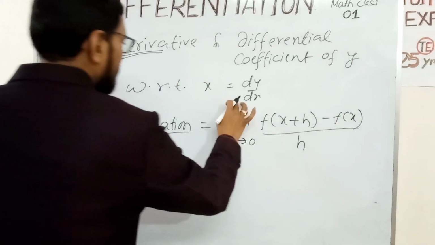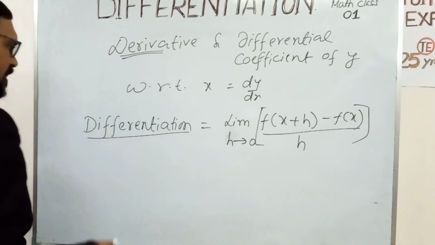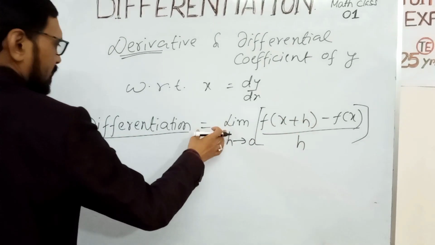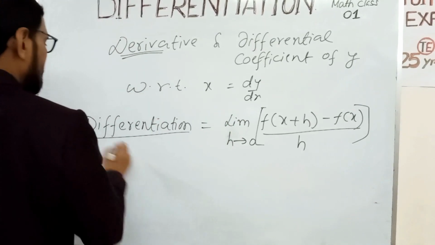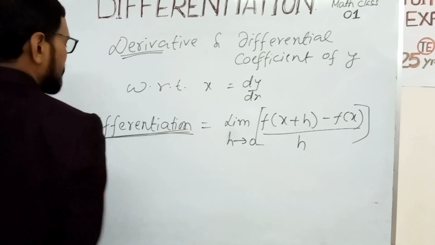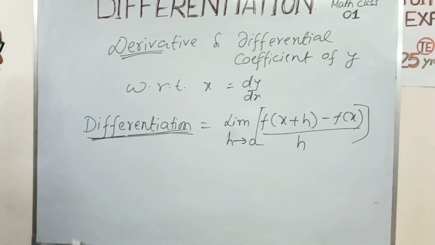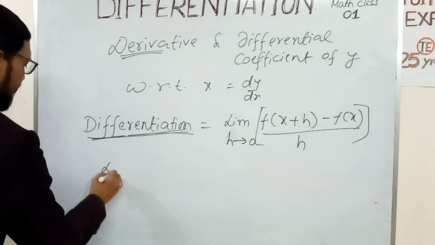Now this calculation, that is, the calculation of this function with the formula of limit, is called the differentiation. That is, the process of calculation is called the differentiation. Now what is the meaning of differential?